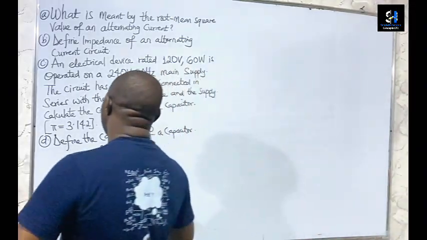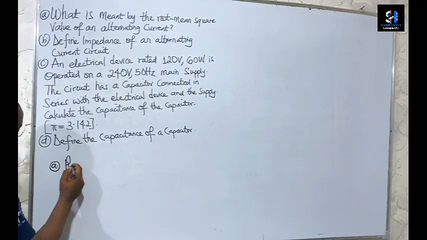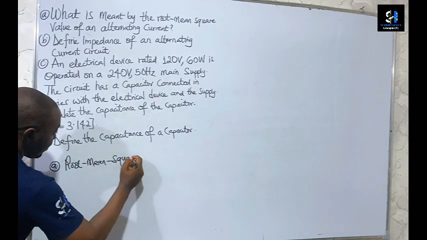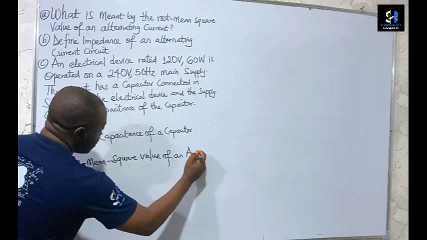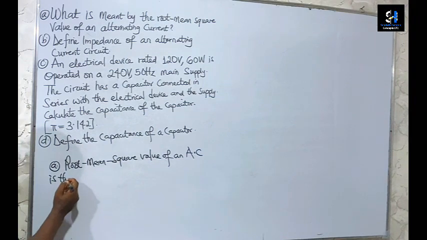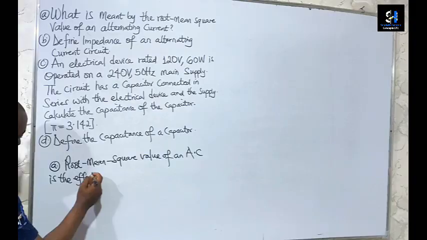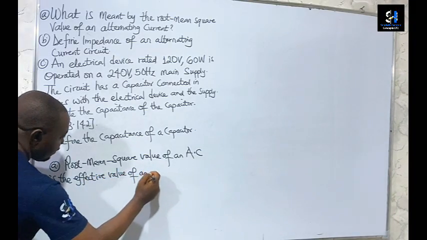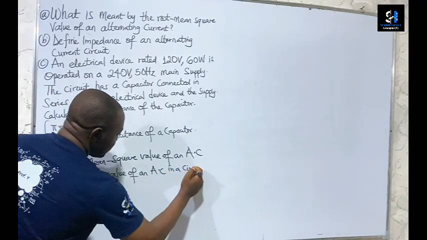That is a solution. We have root mean square value of an AC is the effective value of an AC, that is alternating current, in a circuit.